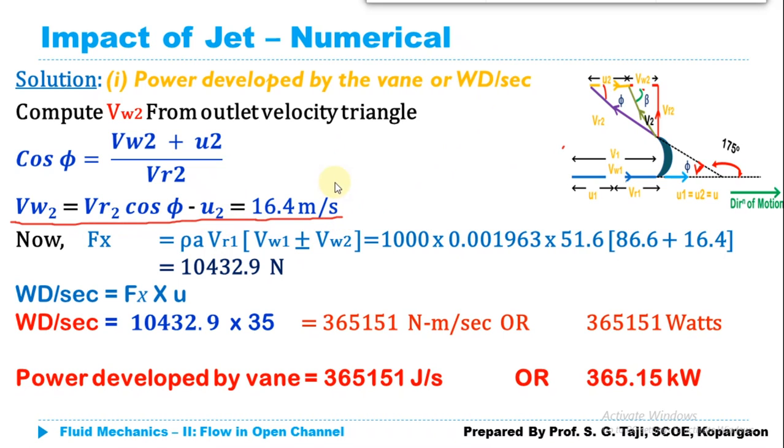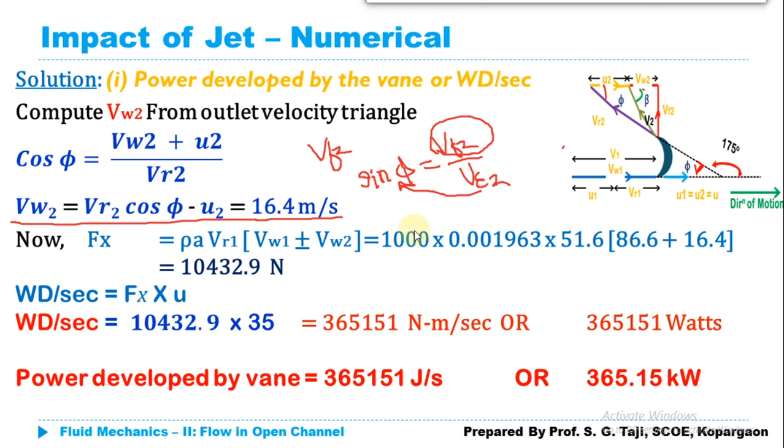After calculating VW2, you should calculate VF2. How can you calculate VF2? By using sine of phi, which is equal to opposite, that is VF2, upon hypotenuse, that is VR2. VR2 is already known, so by multiplying this sine of phi with VR2, we will get VF2.